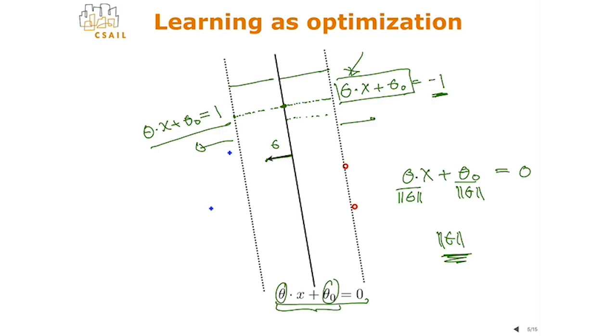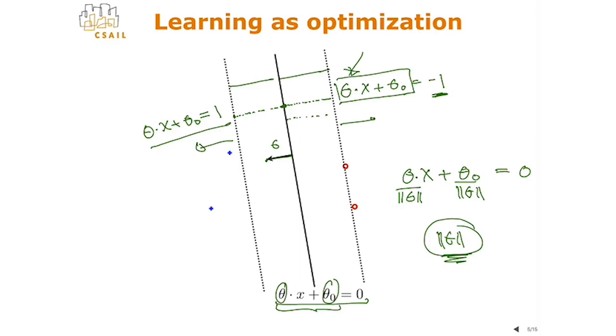As a result, in terms of the distance from the decision boundary, the larger the value of norm of theta is, the closer the margin boundary is to the decision boundary. So the norm of theta does control the distance that the margin boundaries are drawn next to the decision boundary. And it is a degree of freedom that's available for us to use.